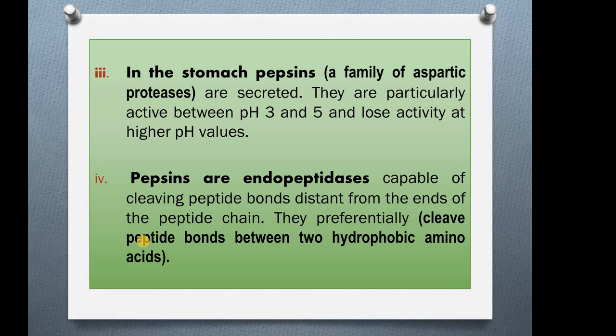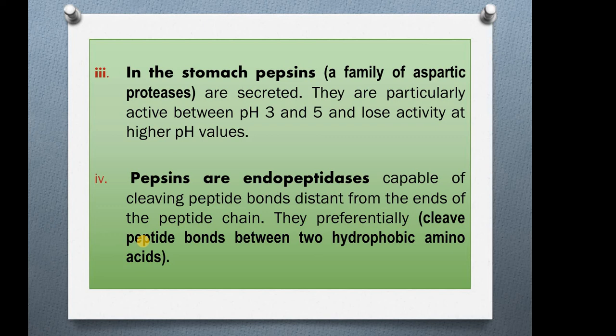In the stomach, pepsin, a family of aspartic proteases, are secreted. They are particularly active in pH 3 and 5 and lose activity at higher pH. هذا أول شيء عندنا موجود، أول إنزيم موجود اللي هو البيبسين. Pepsin are endopeptidase.